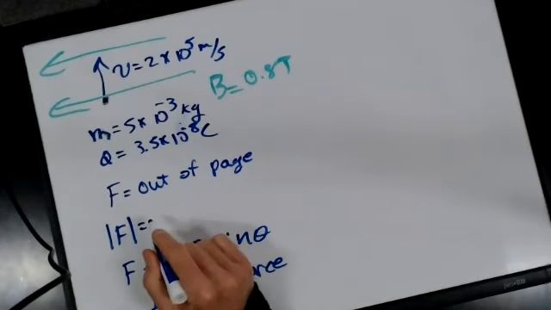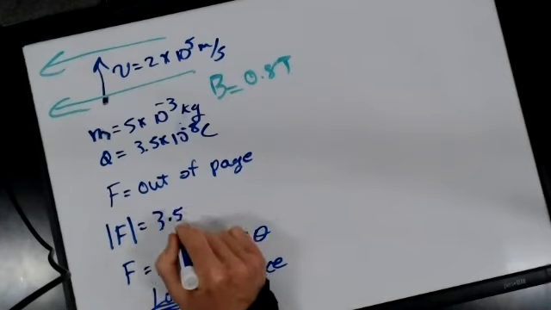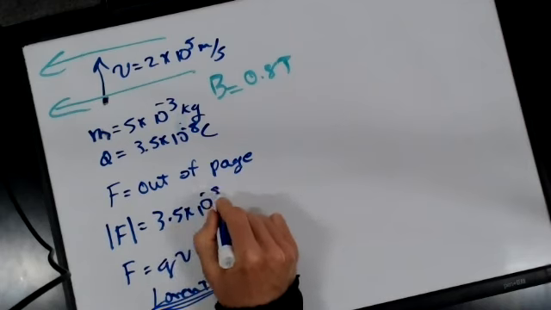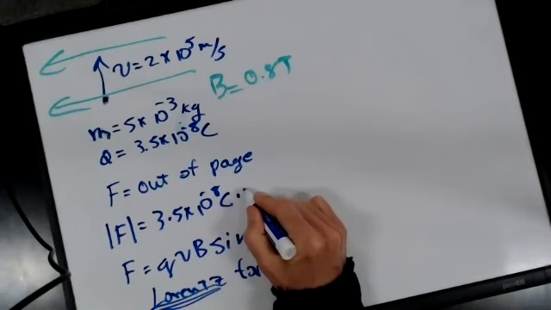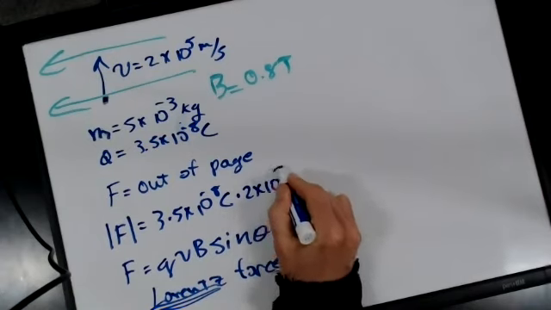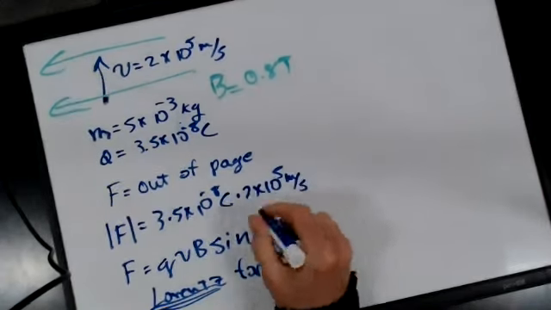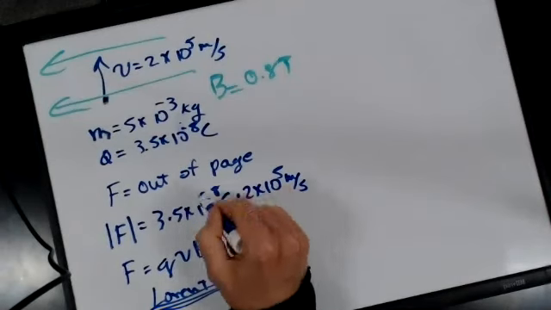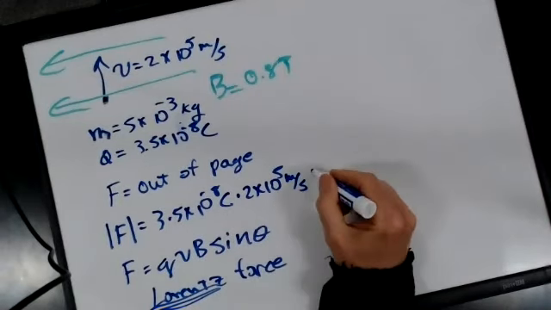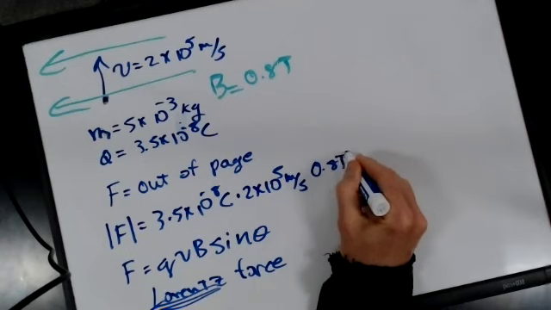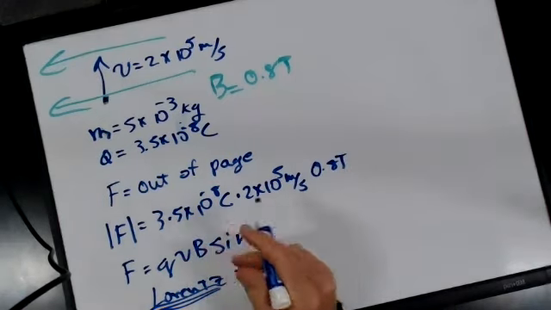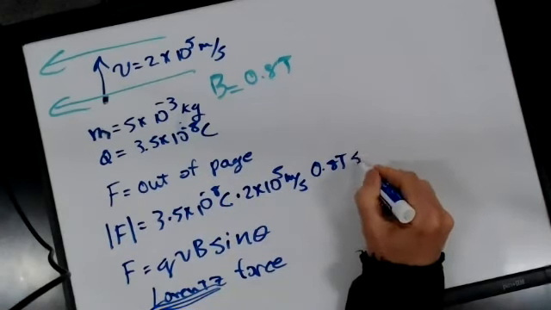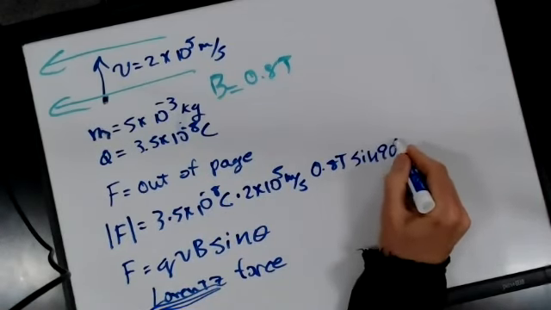And so it would just be 3.5 times 10 to the minus 8 coulombs times 2 times 10 to the 5th meters per second, right? That's Q times V times 0.8 Tesla. And the sine of, they're at 90 degrees, so the sine of 90 degrees is 1.